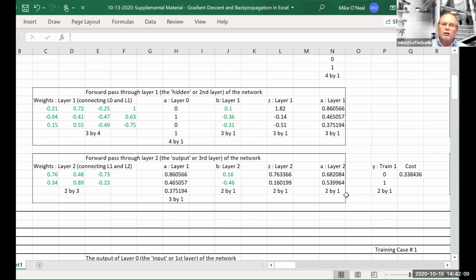So it was completely wrong when it started, as you would imagine, because it just had random values in it. Okay? So it learned. And the spreadsheet absolutely lays out exactly what you need to do.